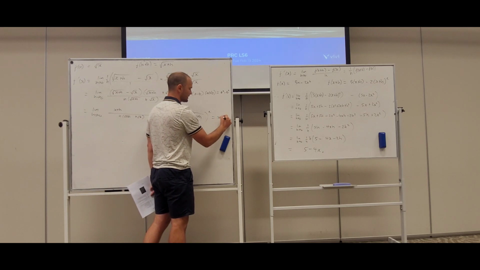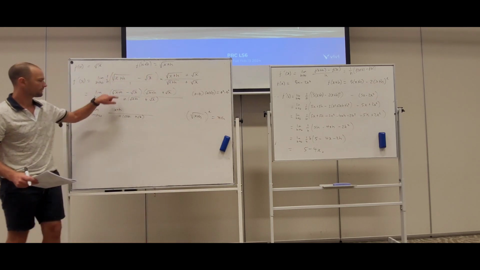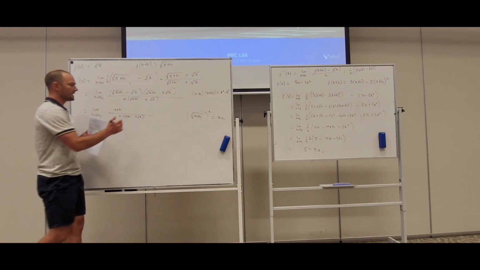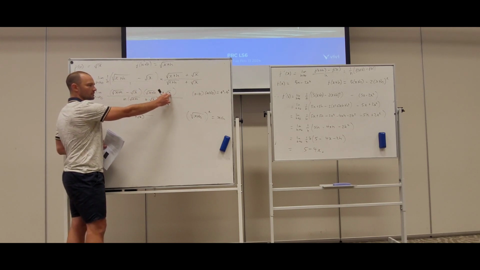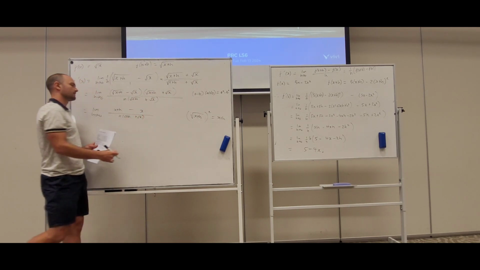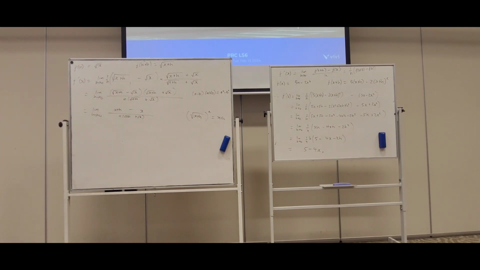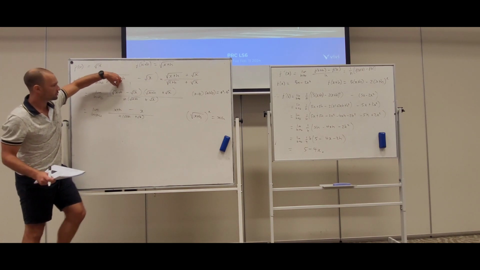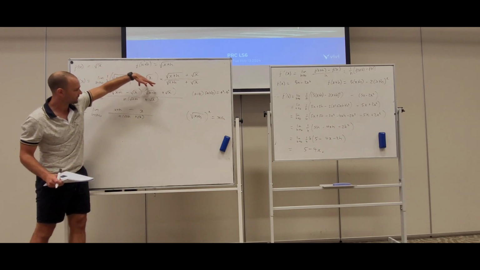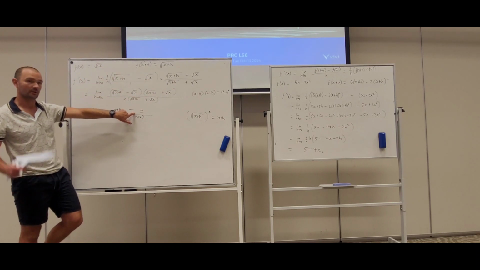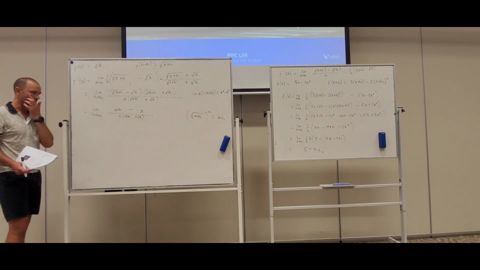I'm left with x plus h. So that's what the first term becomes. And then the second term is just root x squared, which is just x. Now if you don't believe me, feel free, go ahead, do your FOIL. If you FOIL all that and work that all out, this is what you're going to get anyway. We're just skipping that using the difference of two squares.